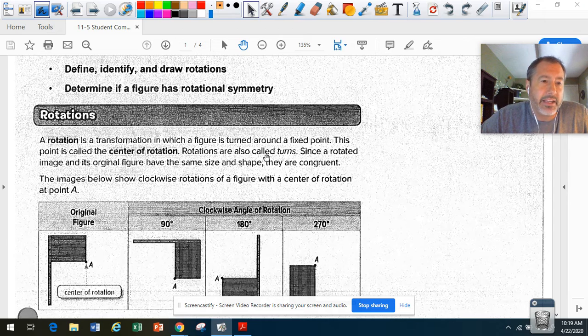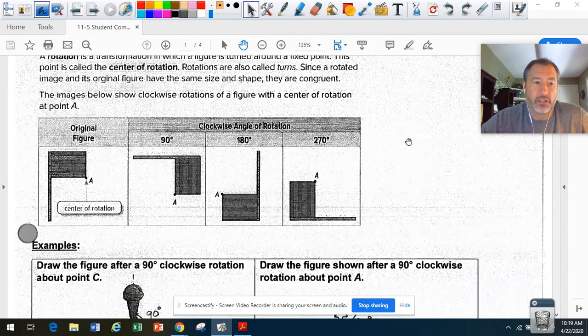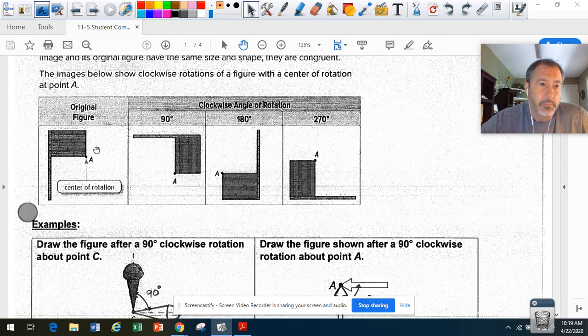Okay, it says the images below show clockwise rotation of a figure with the center of rotation at point A. Okay, so let's take a look here. If this is my original, we have our original shape here. Here's point A right here. This is where we're going to rotate everything around.